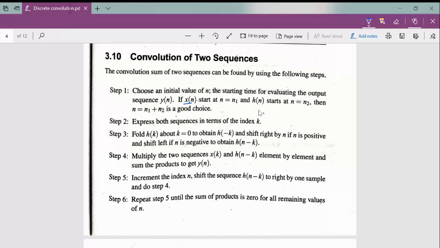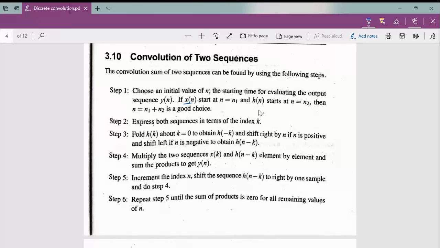We know that n is the point at which the sequence appears. We get the starting point as n equal to n1 plus n2. From that point we count L1 plus L2 minus 1 samples, and that many samples will be available in the convolved sequence. So the first value of n will be n1 plus n2.